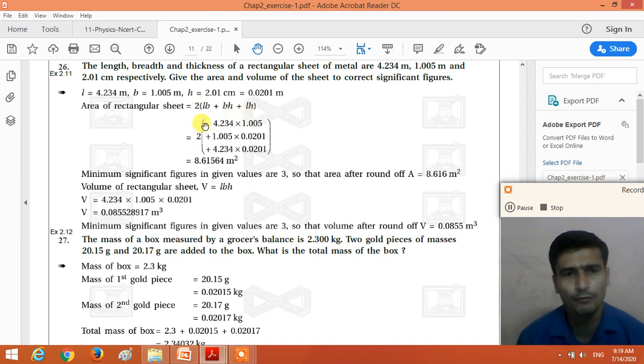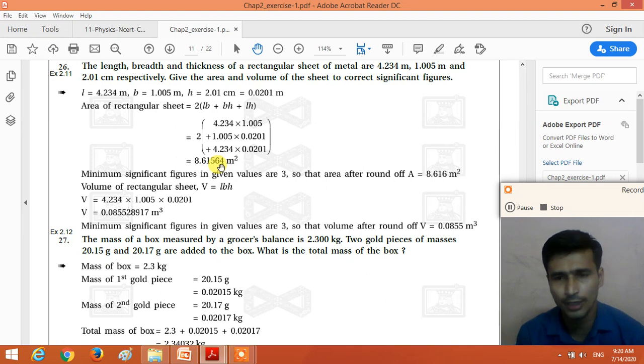If we put in the values of L, B and H: L is 4.234 and B is 1.005, plus B into H, B is 1.005 and H is 0.0201, and L and H, L is 4.234 and H is 0.0201. If you calculate the area of the rectangular sheet, we get the answer 8.61564.